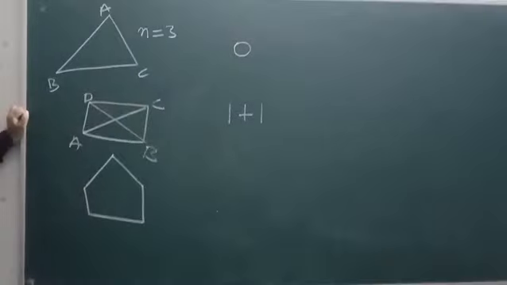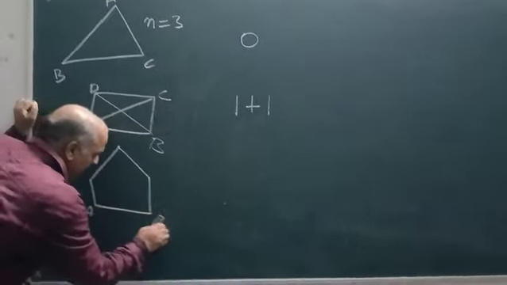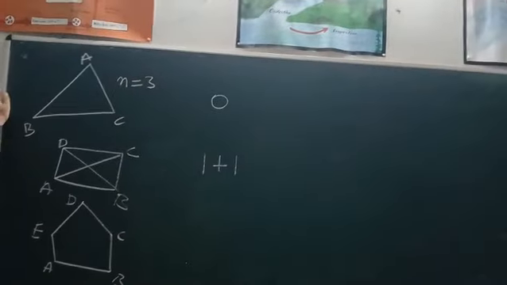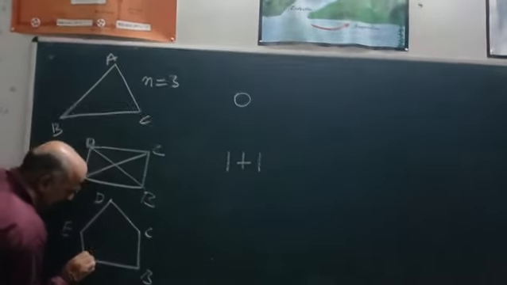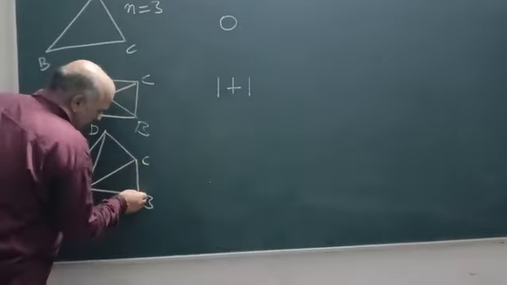Let us label the vertices of this pentagon as A, B, C, D, and E. Now let us draw the diagonals. We start from vertex A: AC, AD.